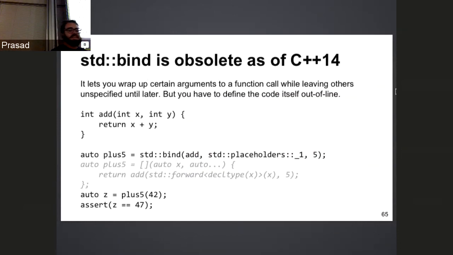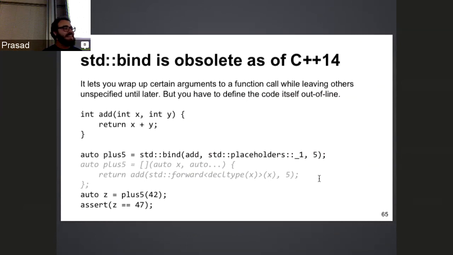The code in black for plus5 is doing the exact same thing as the code in gray. It is saying, I want a thing that will take at least one argument, call it x for the sake of argument, and I want to return exactly the thing that add would return if I forwarded x to it and then added 5 on the end of that.